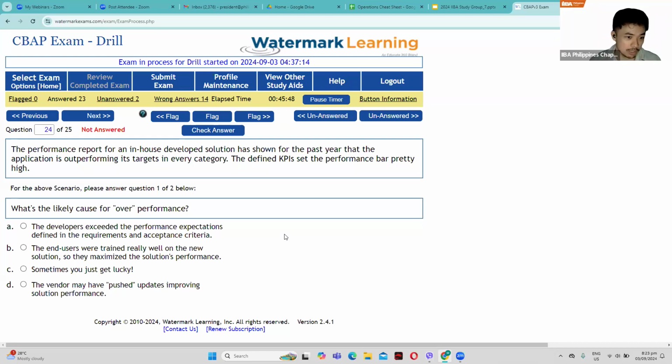A, the developer has exceeded the performance expectations defined in the requirements and acceptance criteria. B, the end users were trained really well in the new solution, so they maximize the solution's performance. Sometimes you get lucky. C, the vendor may have pushed updates, improving solution performance.